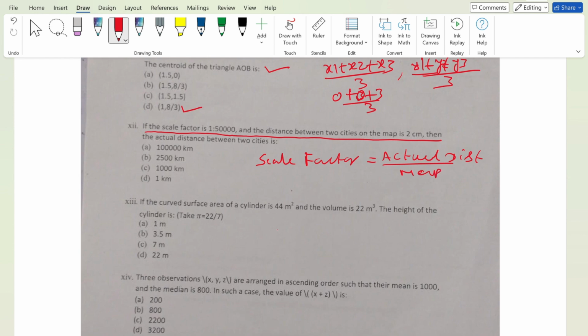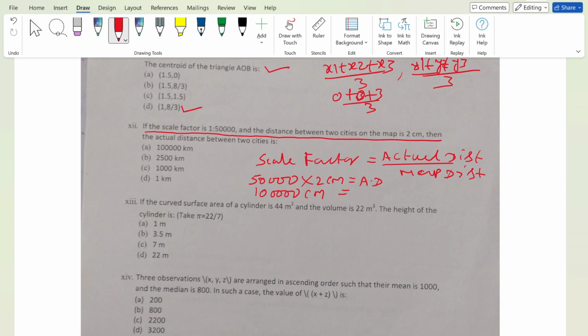Map distance is given as 2 cm and the scale factor is 50,000. So 50,000 into 2 cm equals the actual distance.